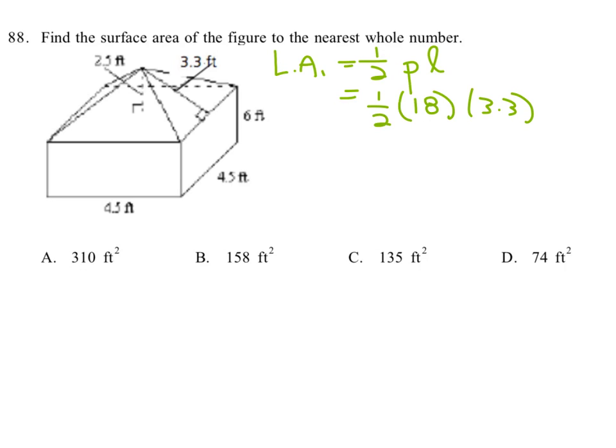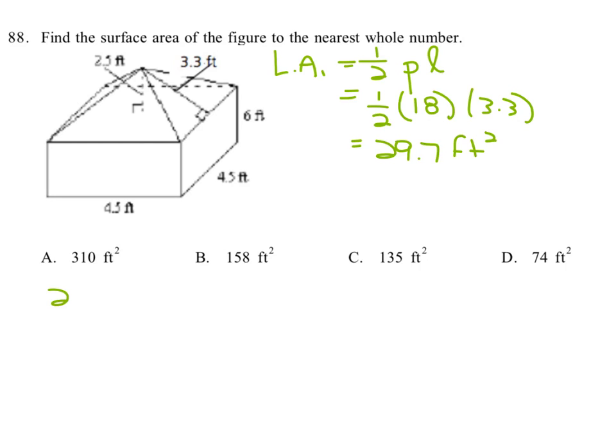Okay, and then we just calculate it out. We grab a calculator and calculate that lateral area. So we've got 29.7, and of course it's square feet, for that lateral surface.